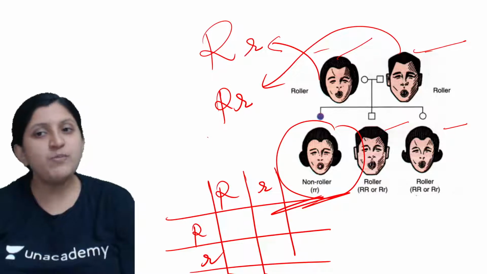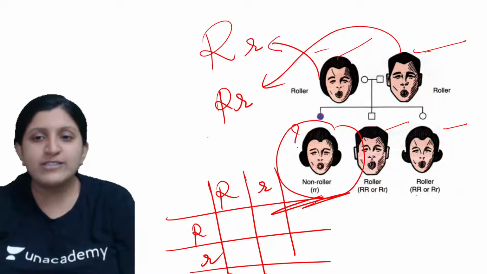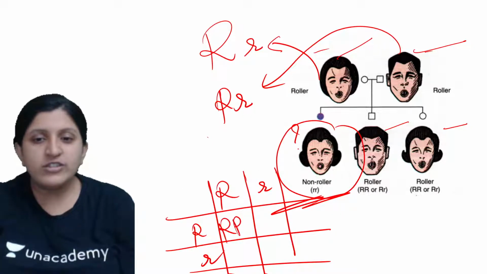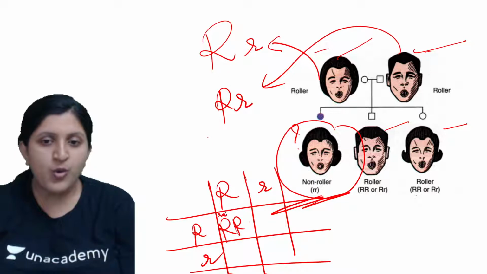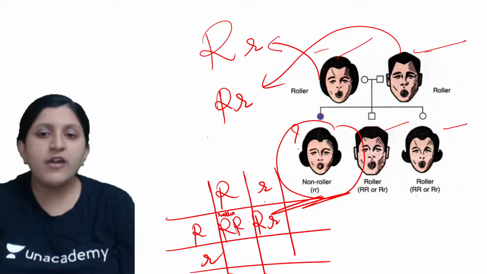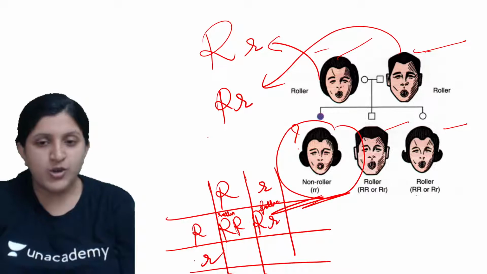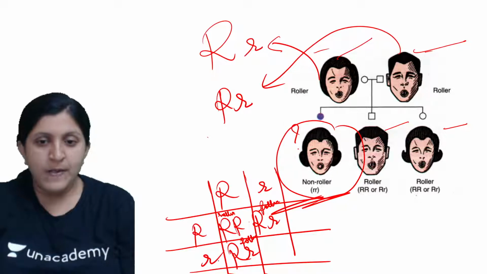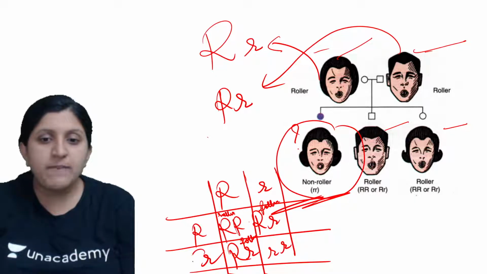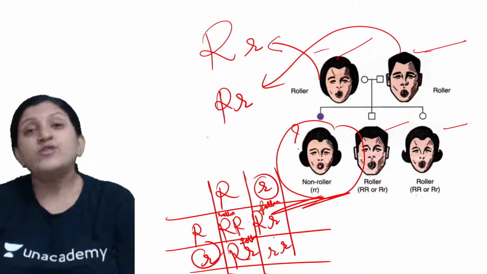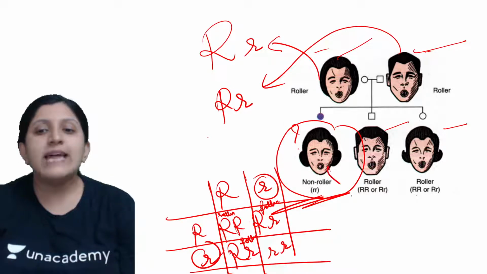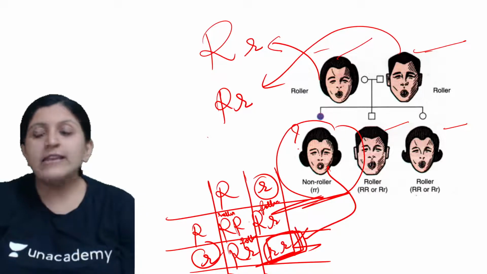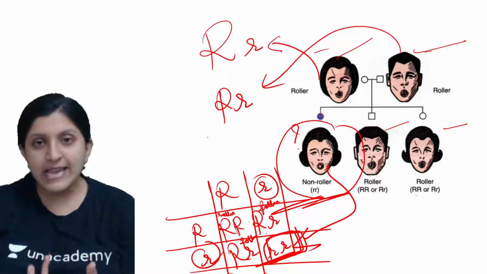Both of the parents are roller, but how did this non-roller come here? You can see RR, which is basically a roller itself. This is Rr, which is again a roller itself, because there is a dominating gene. This one is again Rr, so this is going to be a roller, and here you can see the child is rr, that is small r. So there is no tongue rolling capacity, and that's the reason this child is unable to roll their tongue.